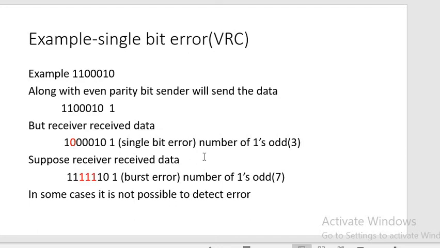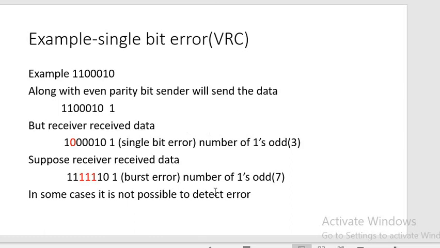So this is a single bit error. Suppose the receiver received the data like this, a 3-bit corruption. It is called the burst error. Because the total number of 1s is odd, 7, the receiver will identify there is an error in the data. So in this way, you can find out the single bit error and burst error with this example.